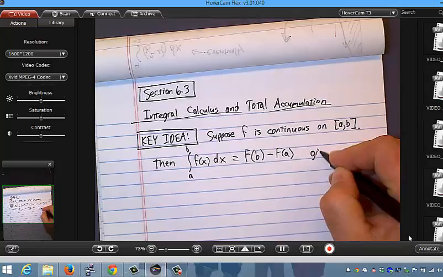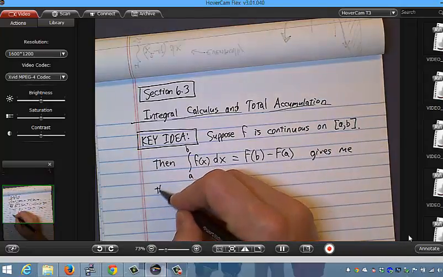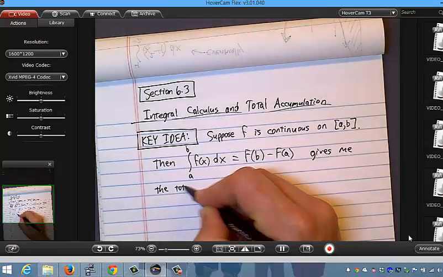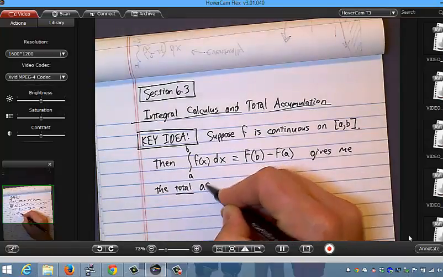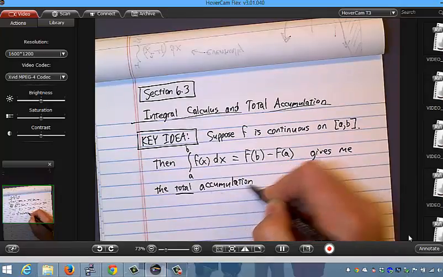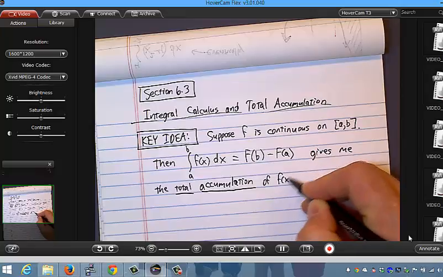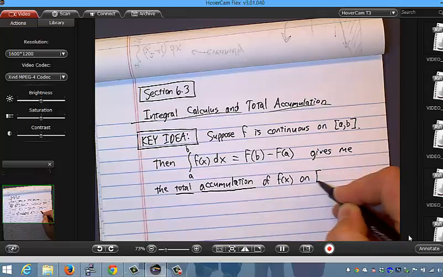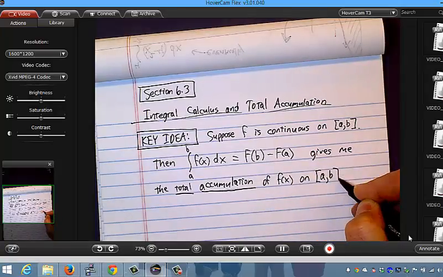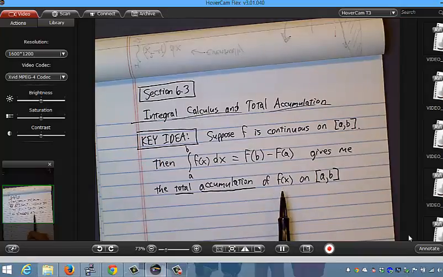It gives me the total accumulation of the function f of x on the closed interval AB. The total accumulation. How much of f we accumulate.